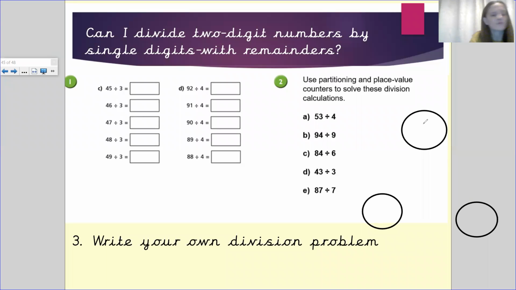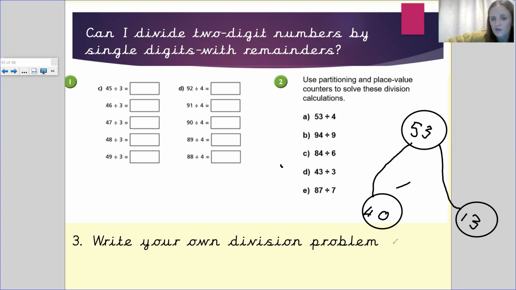If we have, for example, 53 over here, I can break 53 up into 40, and I can break it up into 13 here. 40 divided by 4 will give me 10. 13 I can see cannot be divided by 4, but I know that 12 can be divided by 4.